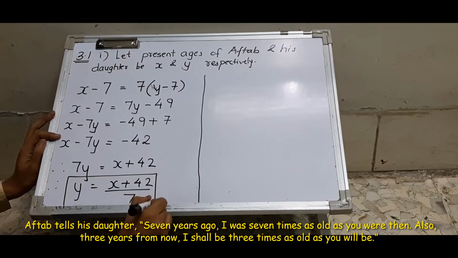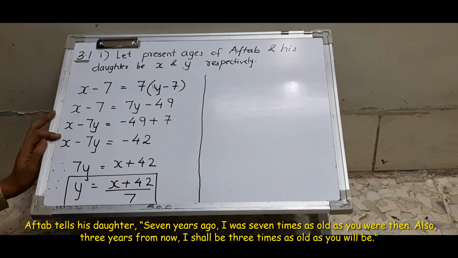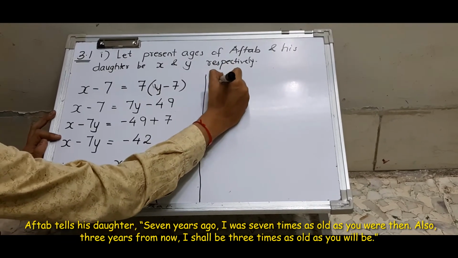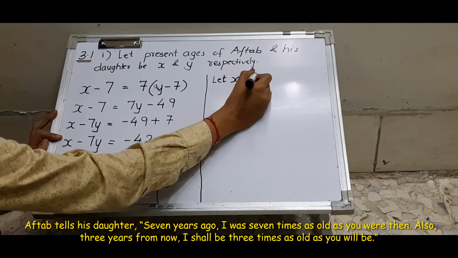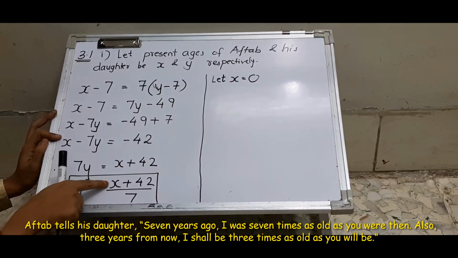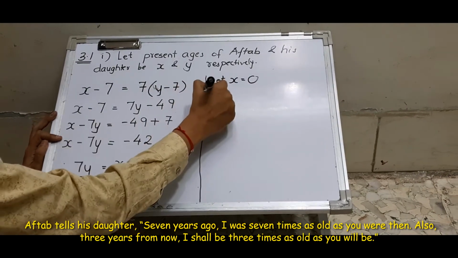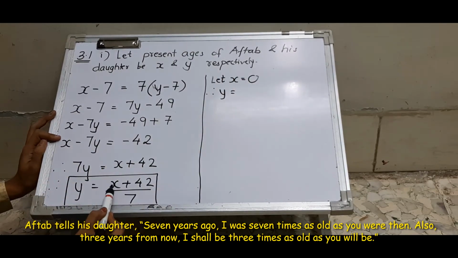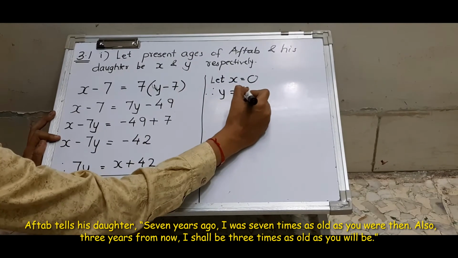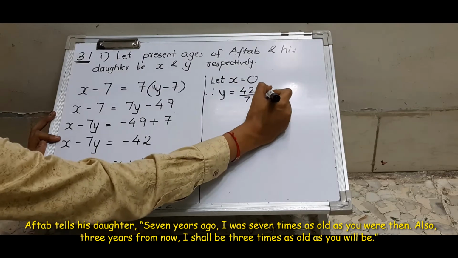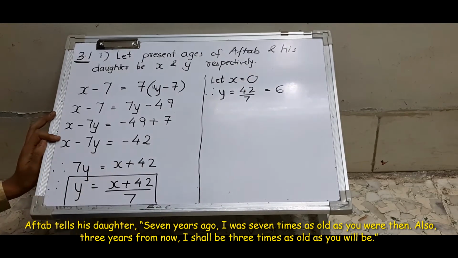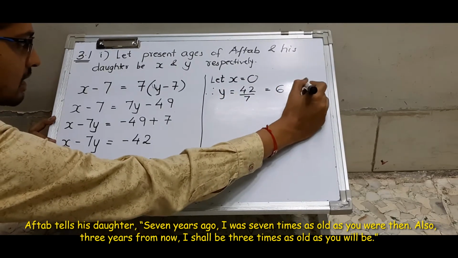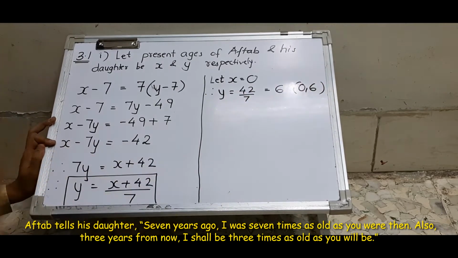Now I'll assume the values of x to get the values of y. Let x equal 0. Then y becomes 0 plus 42, that is 42 upon 7, which is 6. So my first point is 0, 6.